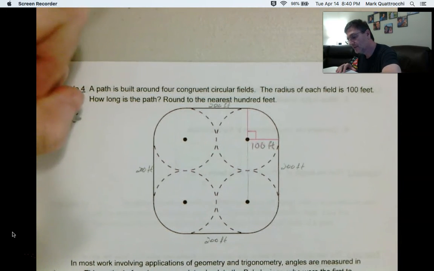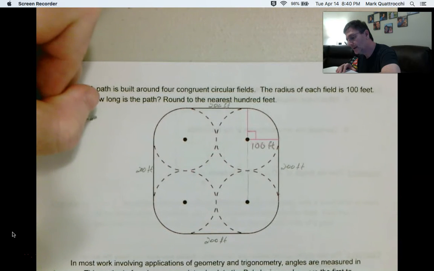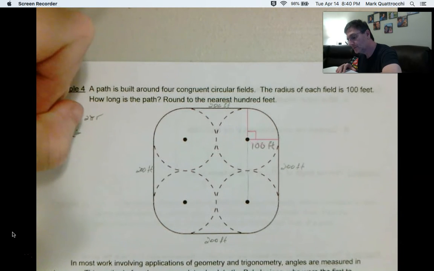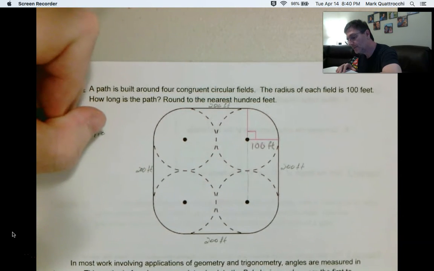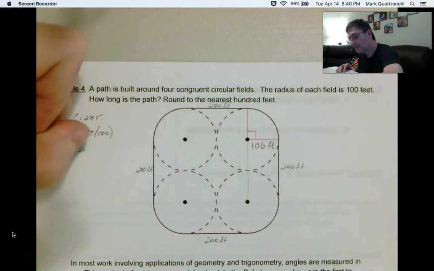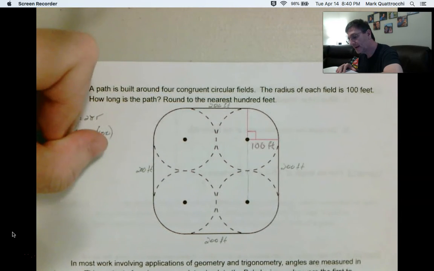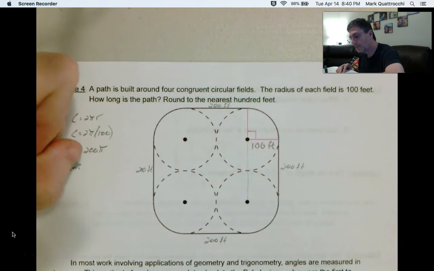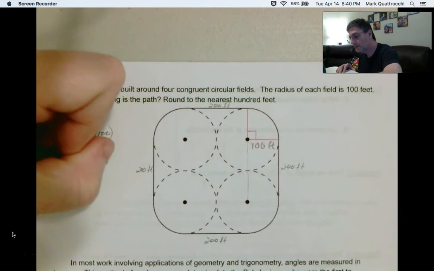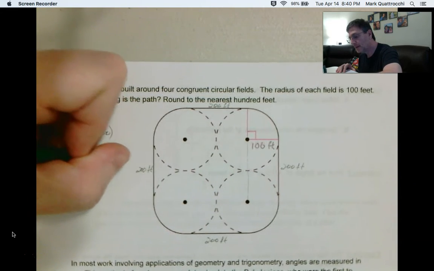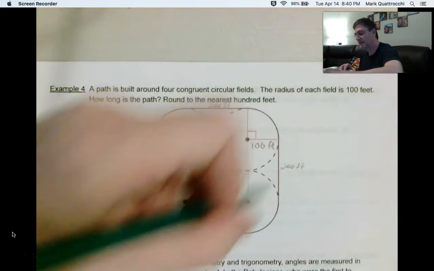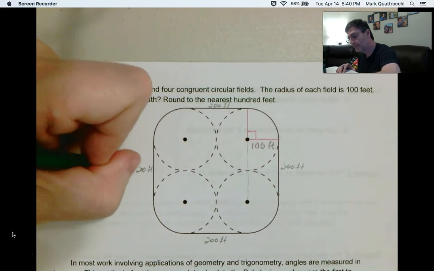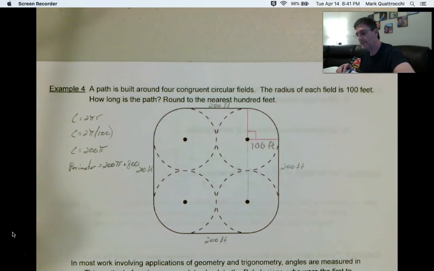Circumference of that full circle, 2 pi r. Circumference equals 2 pi times 100, so circumference equals 200 pi. So the perimeter is equal to 200 pi plus 200, 400, 600, 800 feet.